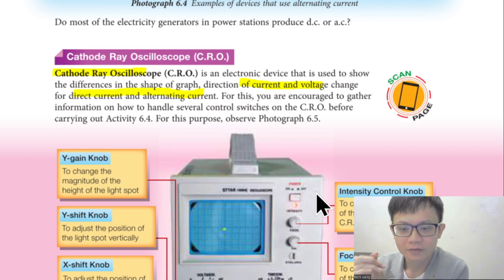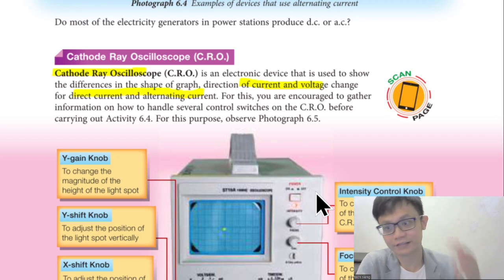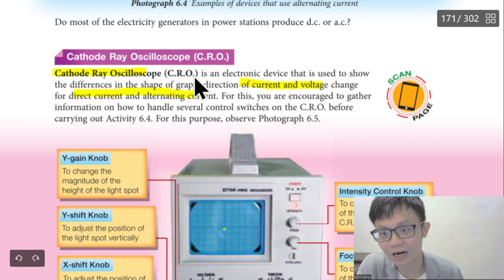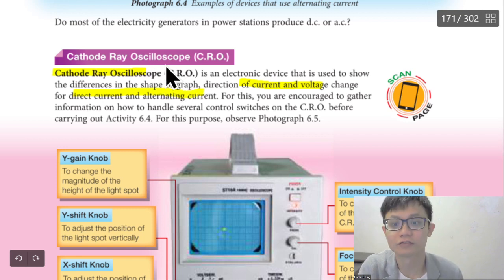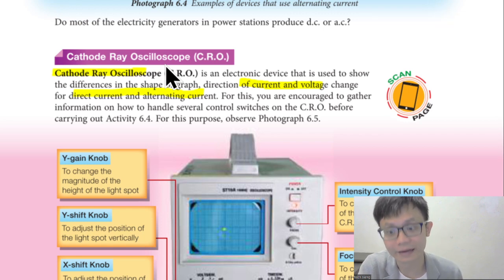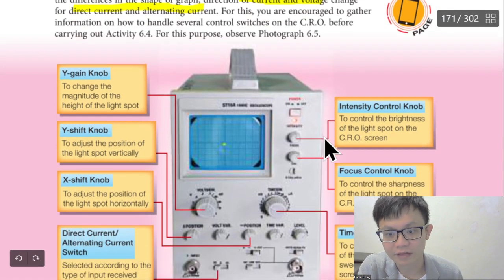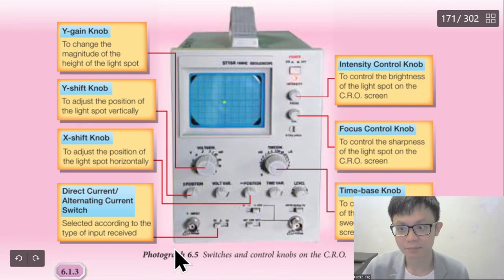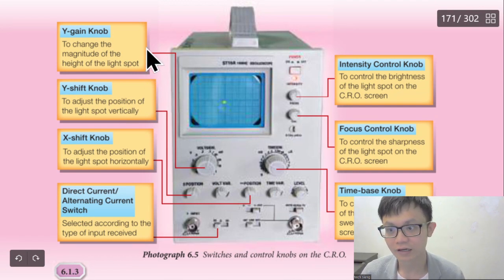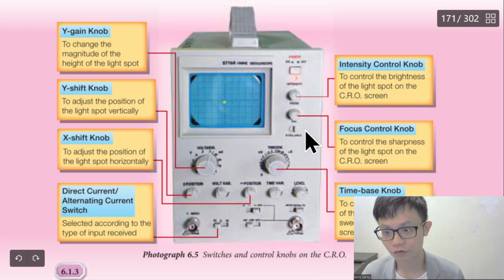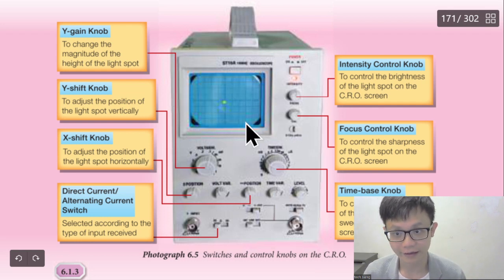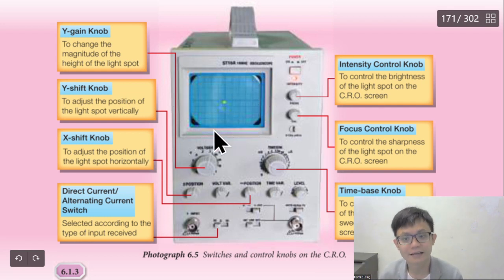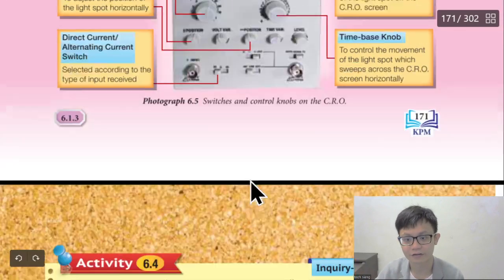Because we are not Superman, we use this CRO, the cathode ray oscilloscope, so that we can see the electricity. Now your school may have this already. My school didn't have it last time. You can control the knob to see the electricity.